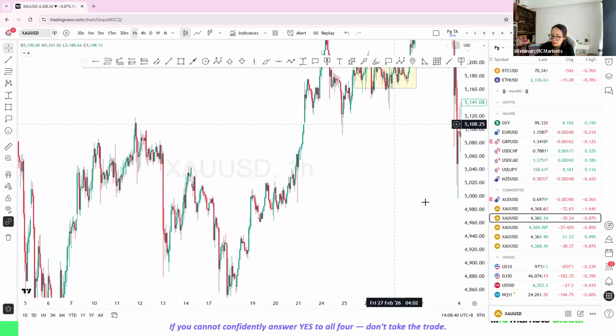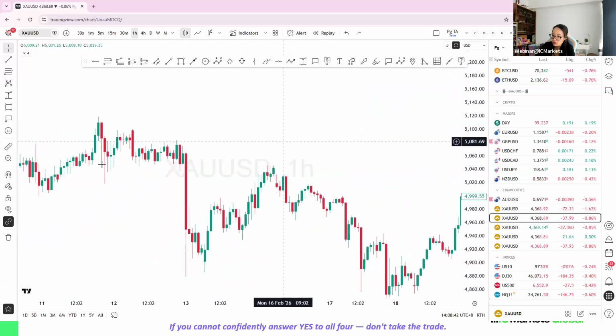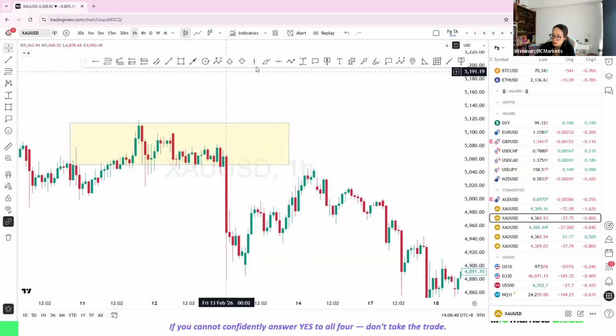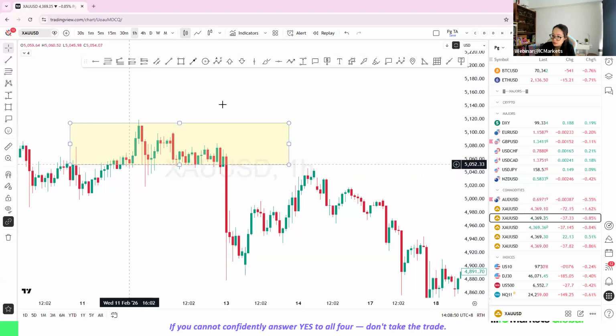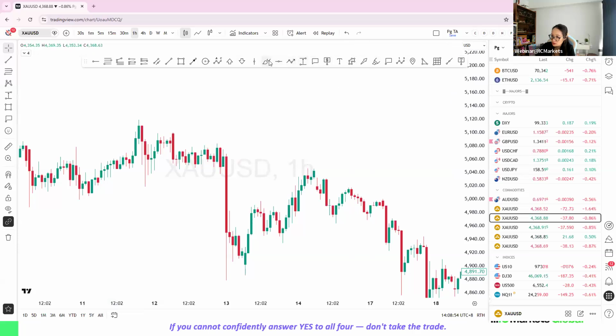For example here, in H1. Before that, it was ranging, right? And after that, you see the breakout because of this candle. Before that, you can see a lot of liquidity resting here, breakout here.